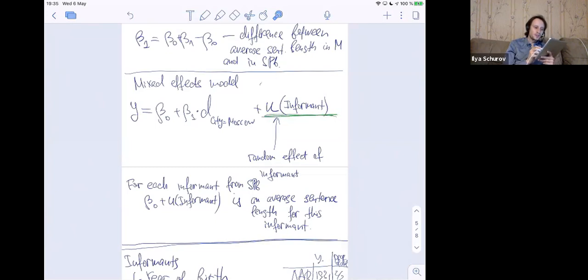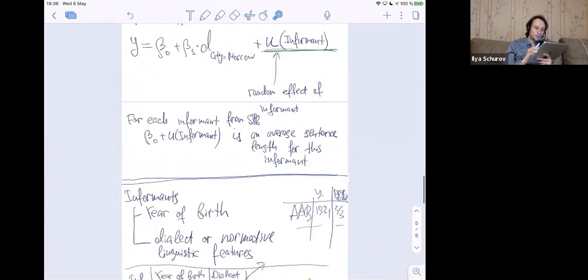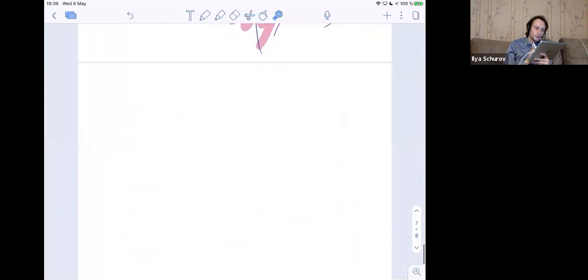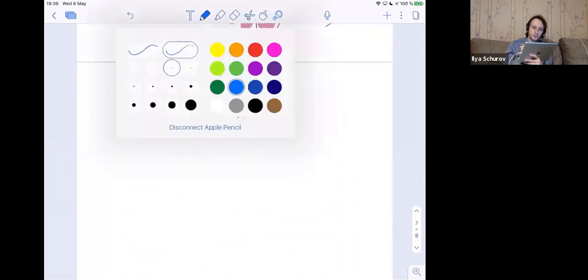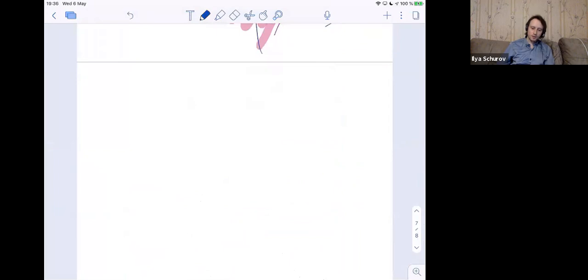But in this case, it is not very interesting because for a particular informant, we have this variable also fixed. But sometimes it is possible to consider different problems when this variable will not be related to a particular informant, but to something else. For example, assume that I study results of some students in different schools.